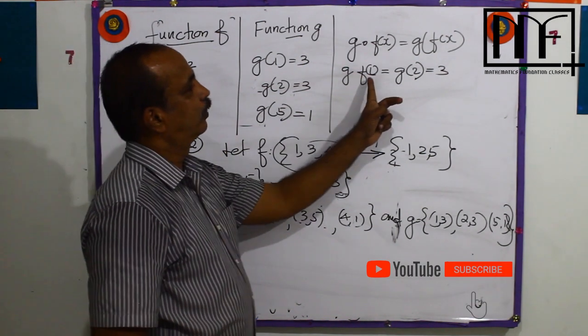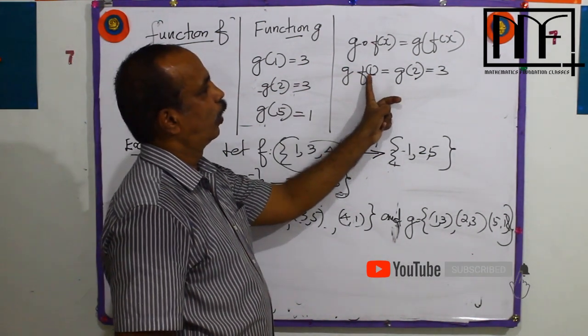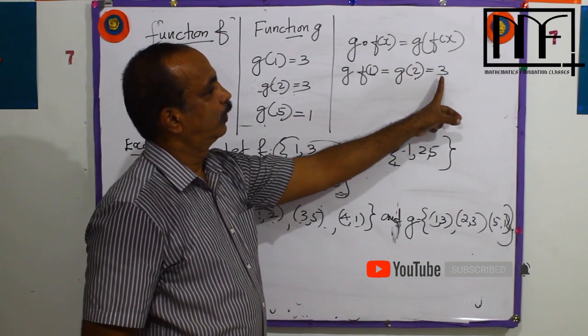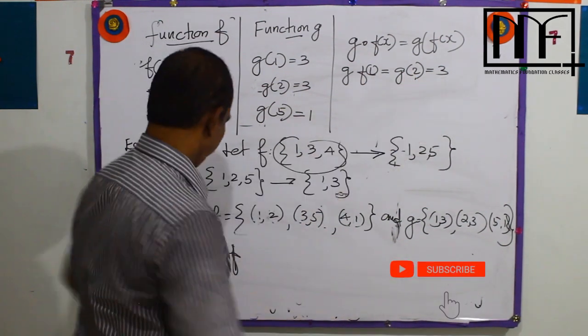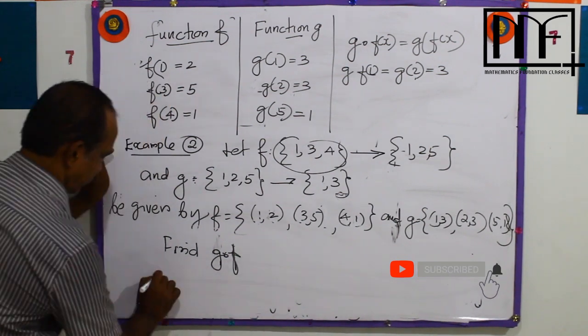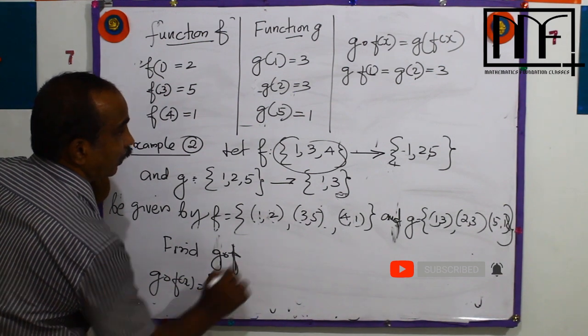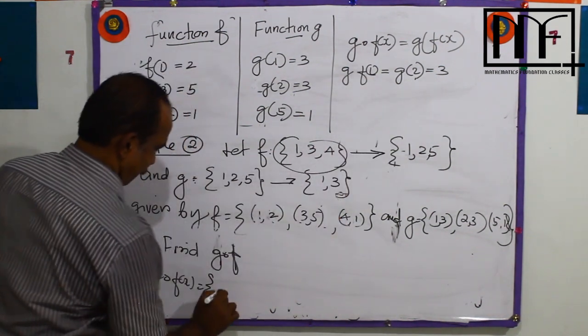So when x is equal to 1, g of f of x will be 3. So we get the ordered pair, that is, the answer g of f of x is, the first pair 1, 3.